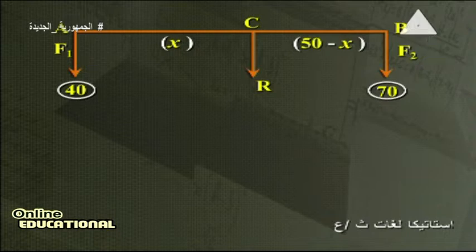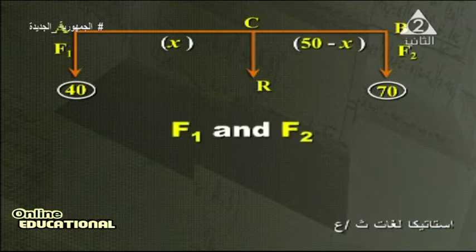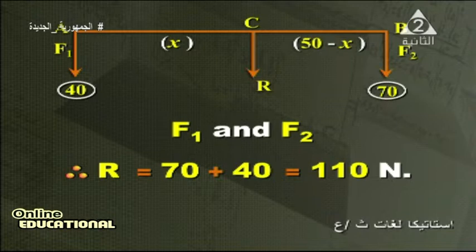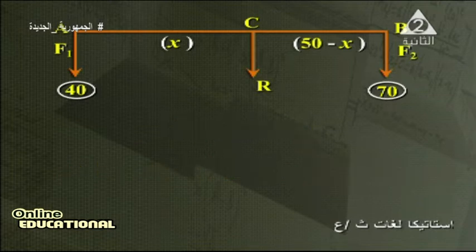We suppose AC equals X, then we deduce that BC equals 50 minus X. This is the graph to express the example. The sum of F1 and F2 equals 110. Why? Because they are in the same direction. R equals F1 plus F2. Why? Because F1 and F2 are parallel coplanar forces, and R equals the summation of the two forces, which equals 110 Newton.